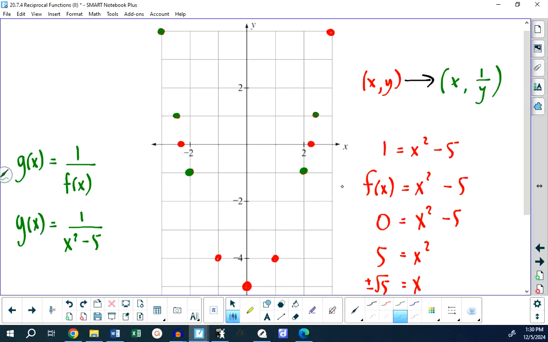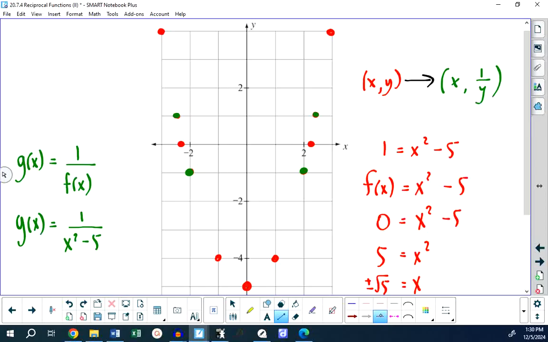Why are these, and I want to get rid of this point because it's not invariant, why are those 4 green points that are on top of 4 red points, why will they also be points on the reciprocal function? Because y is 1 or negative 1. They're invariant. What about, and here's where it gets tough, and I'm going to give you guys rulers.